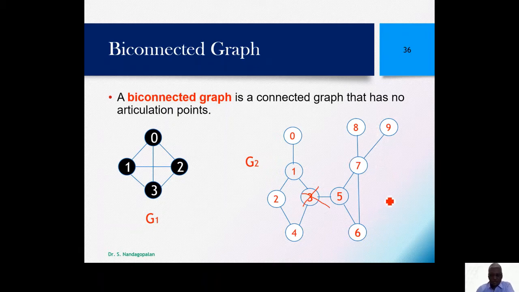That is very dangerous, because we cannot establish any communication between this group of vertices and that group of vertices. So if we have a biconnected graph, it always gives the advantage that you can somehow communicate from one vertex to another, even if any node in this biconnected graph fails. So this does not have any articulation point.